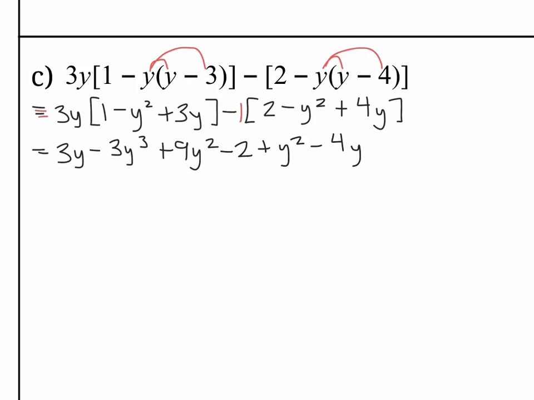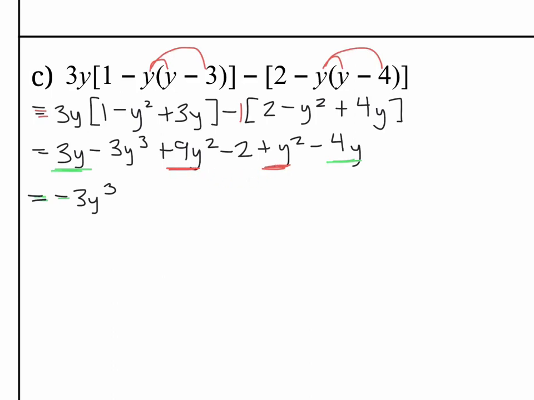We're collecting like terms, our favorite thing to do. We've got a y squared, we've got another y squared. We have a couple y's going on. Here's a y, here's a y. All right, so I'm going to put them in order of degrees here. I'm going to write the negative 3y cubed first. Then let's add together our y squared.